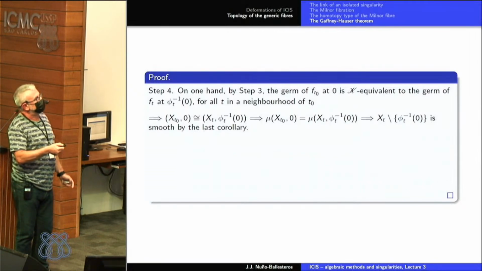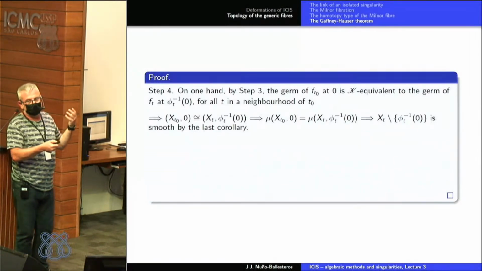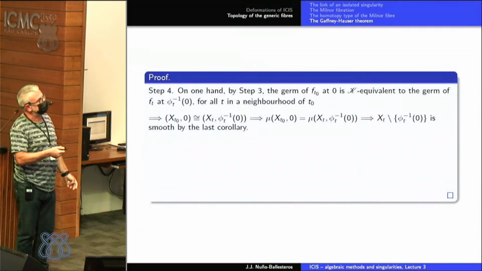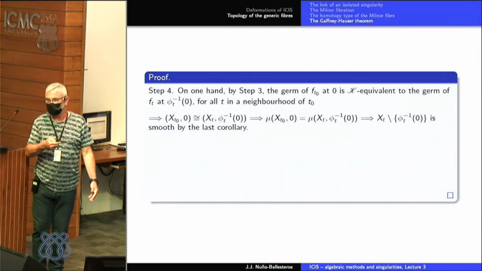And then, by using the last corollary of the previous section, this implies that this is the only singular point. This point, phi t minus 1 of 0, if you have the equality at some point, then all other points are smooth. So this is the only singular point.